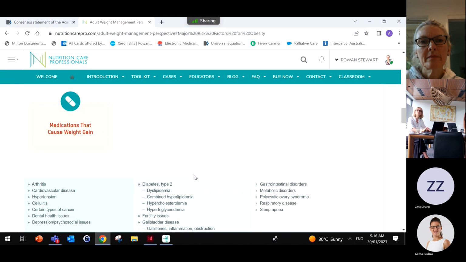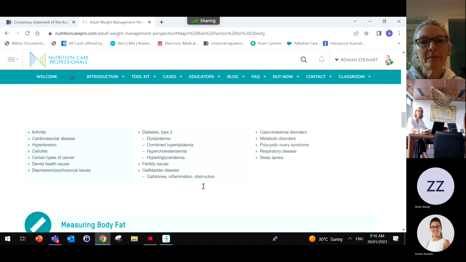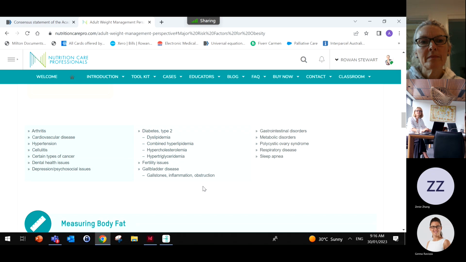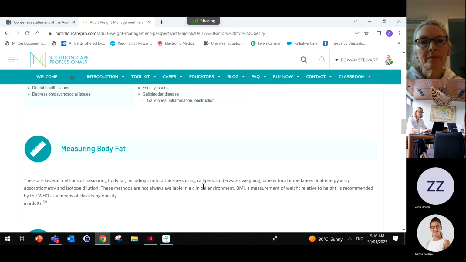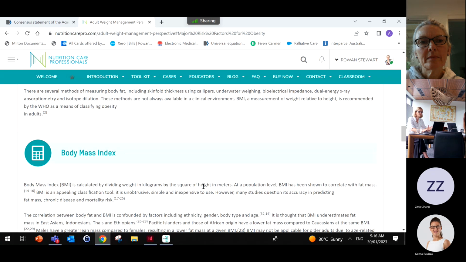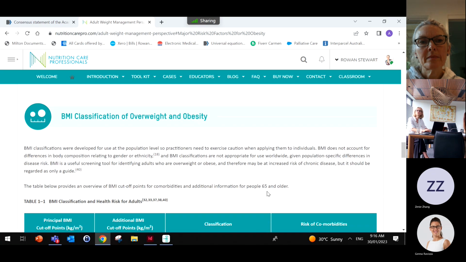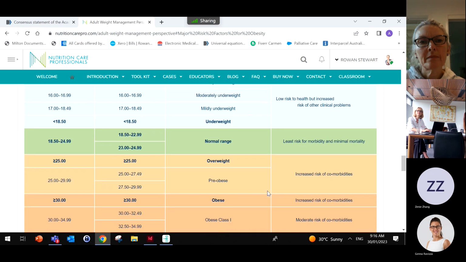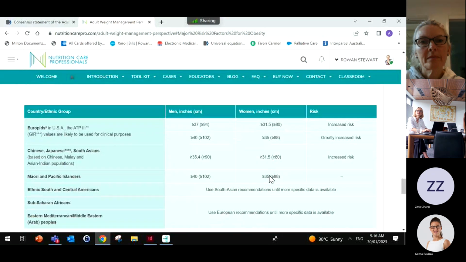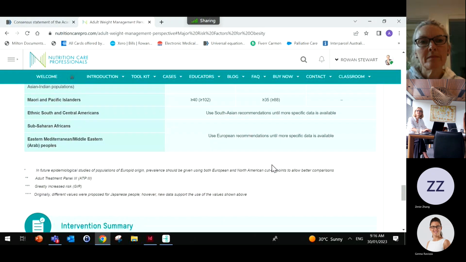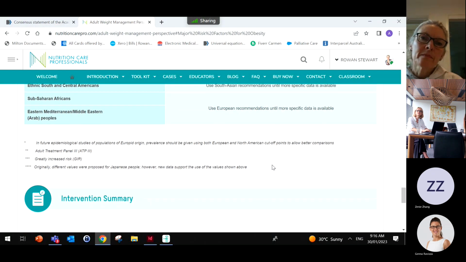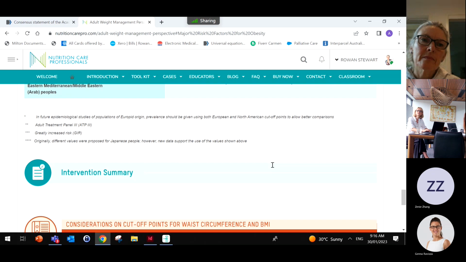We have the medications that cause weight gain. We have the typical comorbidities for obesity, and then we have diagnosis. So ways to measure body fat, the body mass index, BMI classification for overweight and obesity is here. Down to waist circumference and the recommended ranges for waist circumference, and then a summary of intervention information.